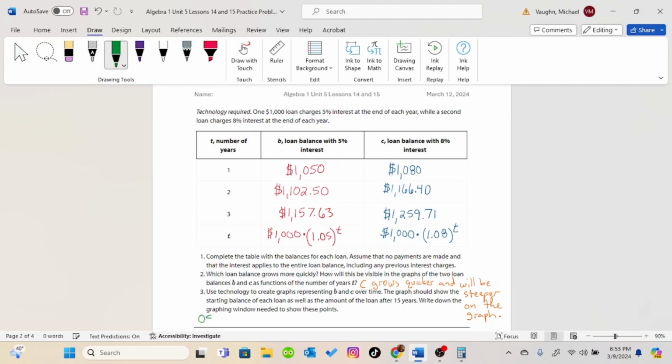And X needs to be greater than or equal to 0. And we want it to go all the way to 15 years. So we know that X needs to be less than or equal to 15. This will set our window wide enough to see from the initial balance to the balance at 15 years.